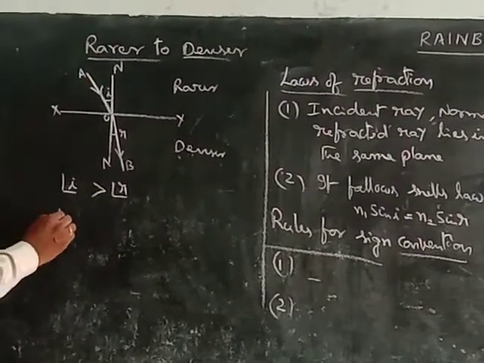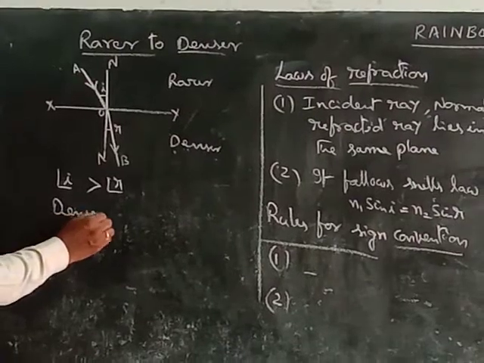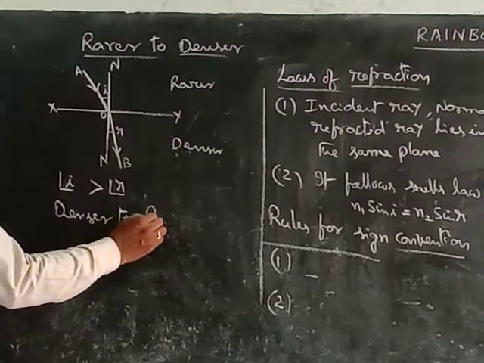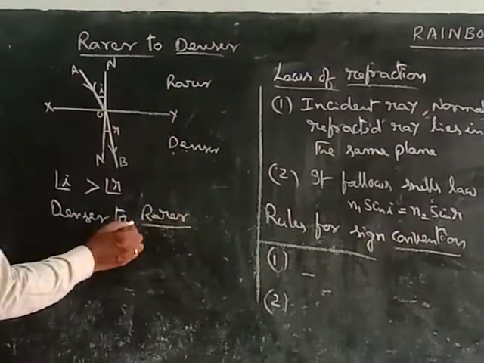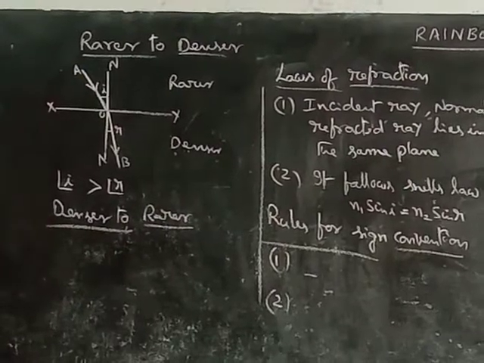Another one is denser to rarer. A light ray travels from denser to rarer medium. What happens?